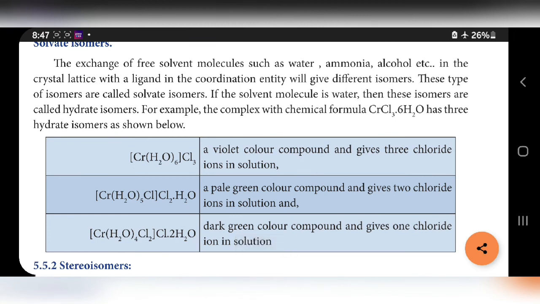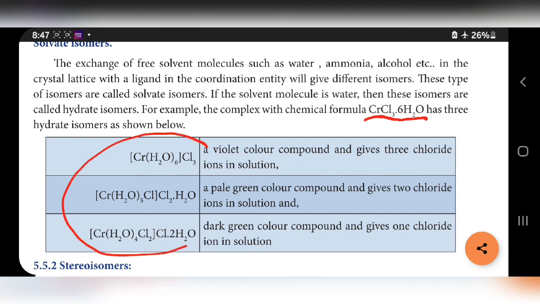Next one, solvate isomers. The exchange of free solvent molecules, generally water, ammonia or alcohol, in the crystal lattice with a ligand in the coordination entity gives different isomers. These are called solvate isomers. For understanding, one example is CrCl3·6H2O.